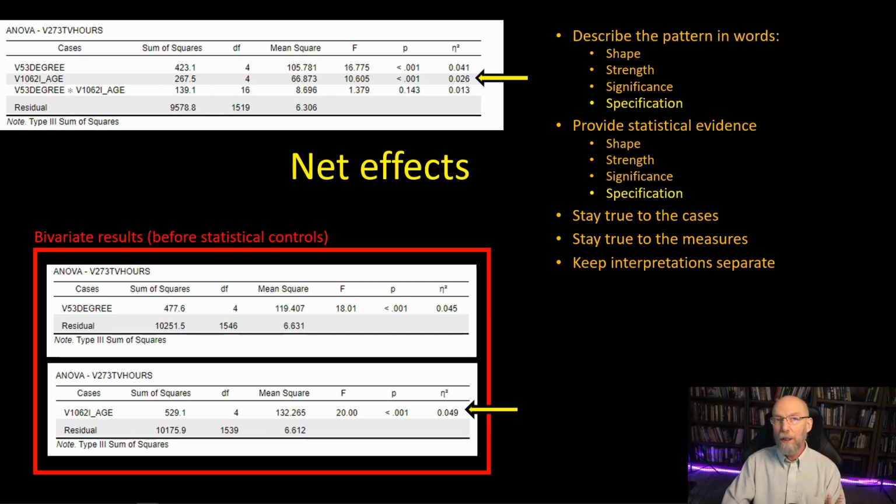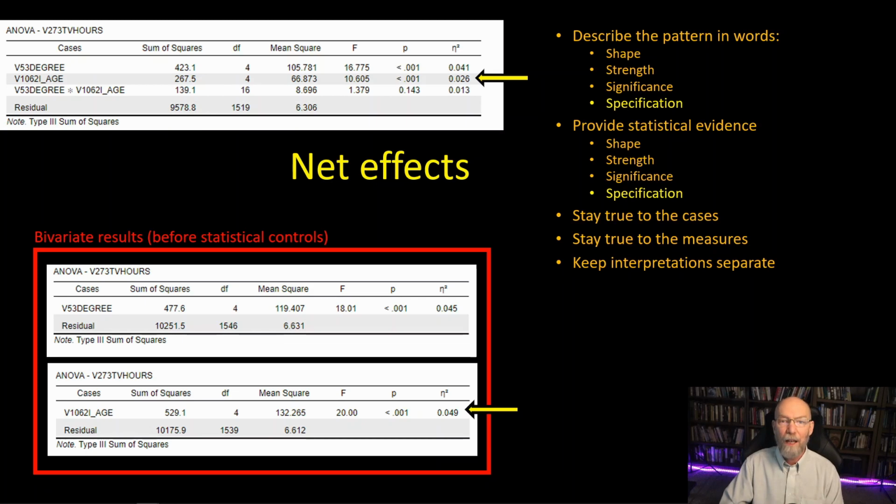Now that's assuming, and here comes a specification argument, that no other variables need to be in this model. By the very decision to control for just these variables and not others, we have basically specified a model. We have said these are the variables that matter, and other variables don't matter enough to be put into our equation. In truth, what it may mean is we just don't have measures for other things we want to study, or that we're limited analytically and can't do it for one reason or another.